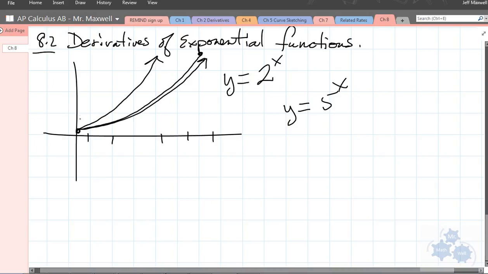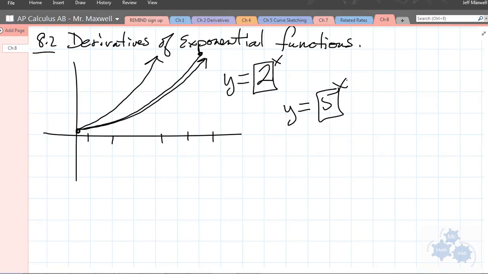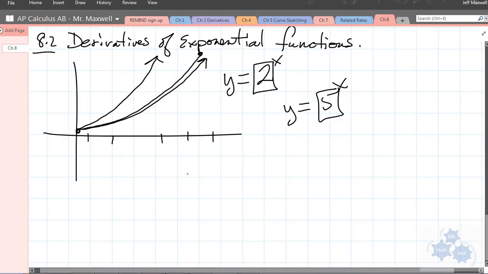In calculus, it would be nice to know if there's a certain base that is, how can I say this, calculus friendly. There are some functions that are really easy to take the derivative of, like even in our basic differentiation. Say y equals x squared plus 2x minus 5.